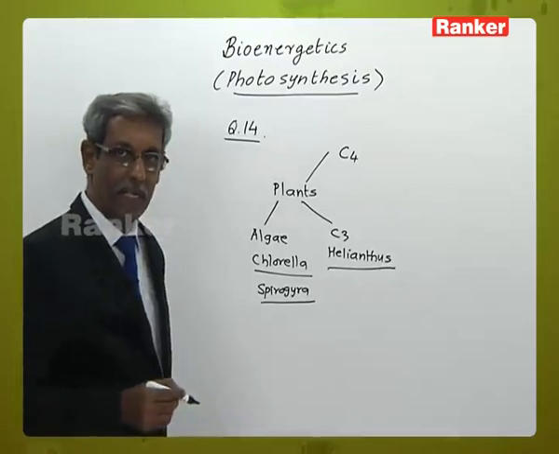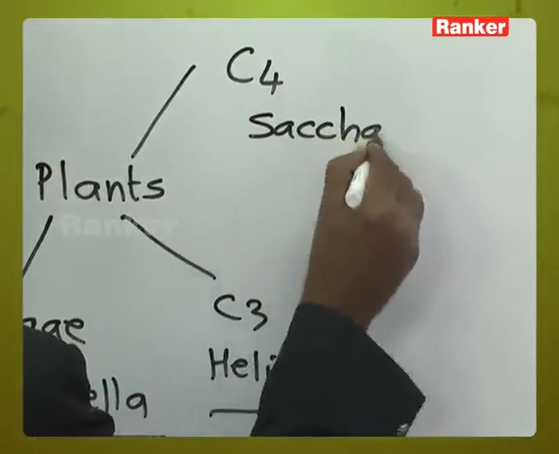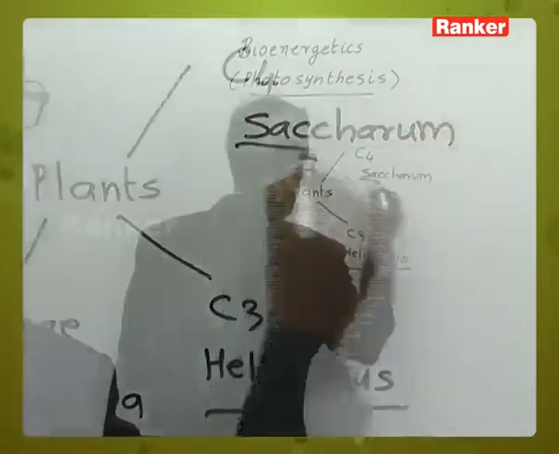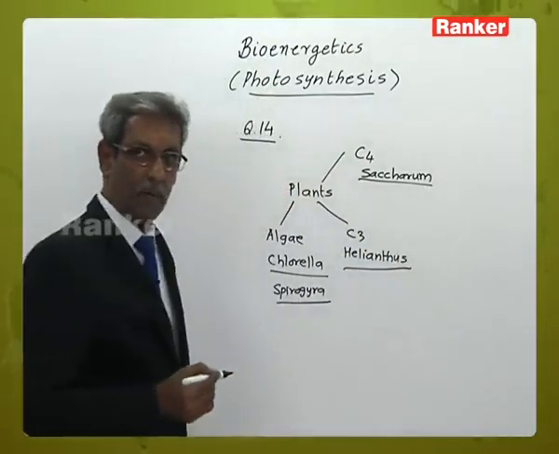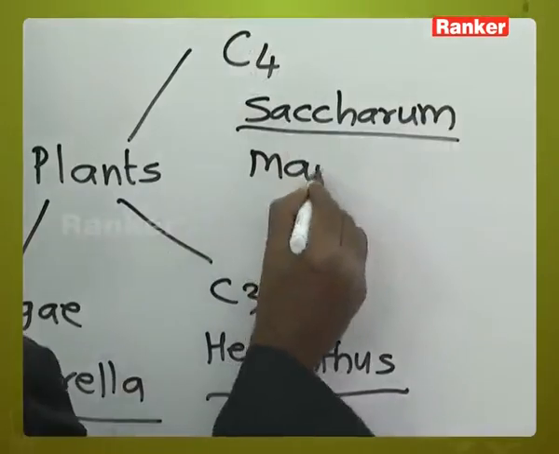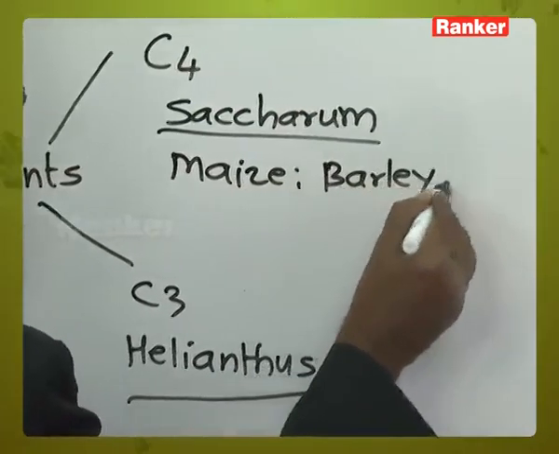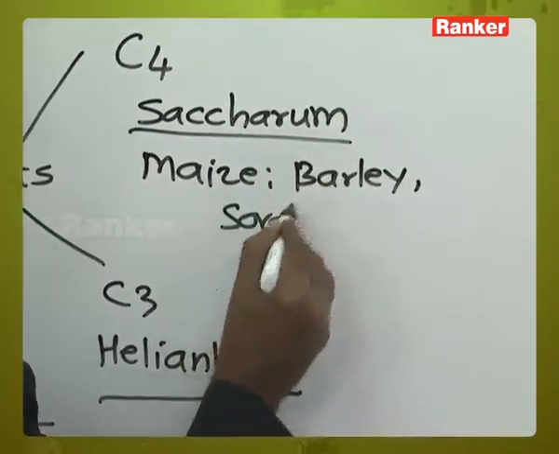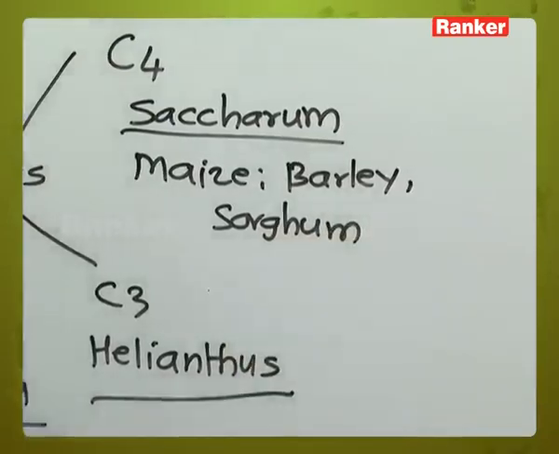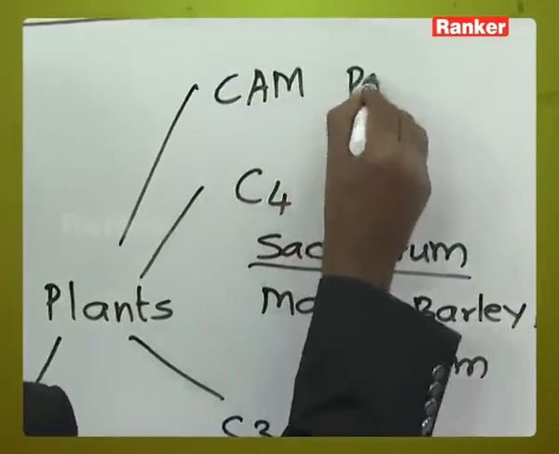C4 plants can be Saccharum, that is sugarcane. In addition to this, it could also mean maize, barley, sorghum. Then it can also include CAM plants like pineapple.